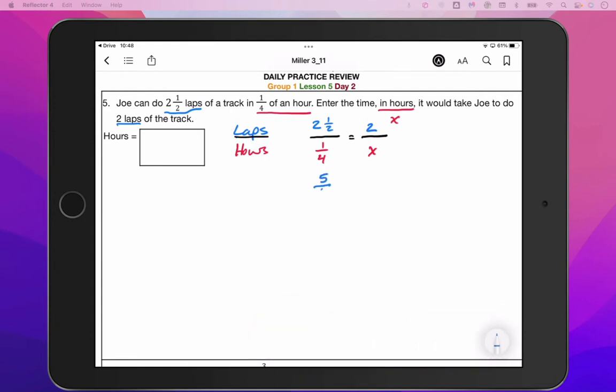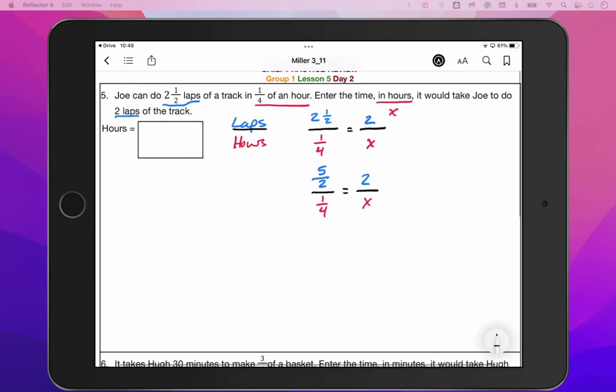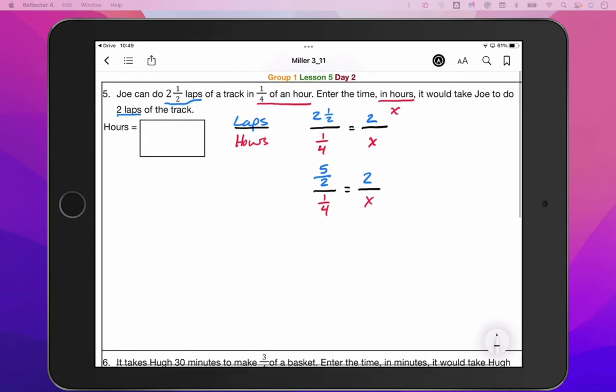So I will have 5/2 over 1/4. And then I will have 2 over x. The improper fraction is easier for me to work with than a mixed number.